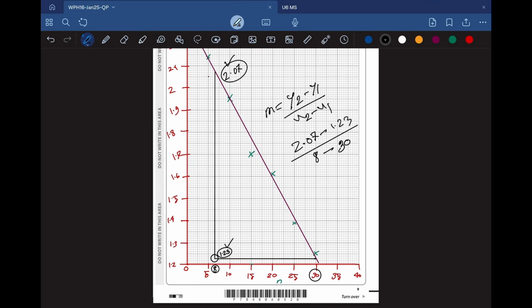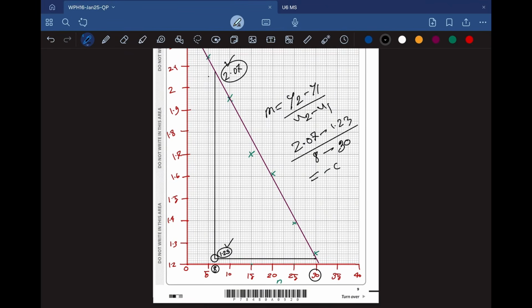So now let's use the calculator to calculate the gradient. This gives a value of minus 0.038.